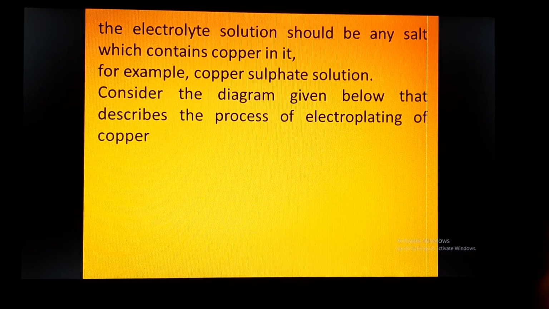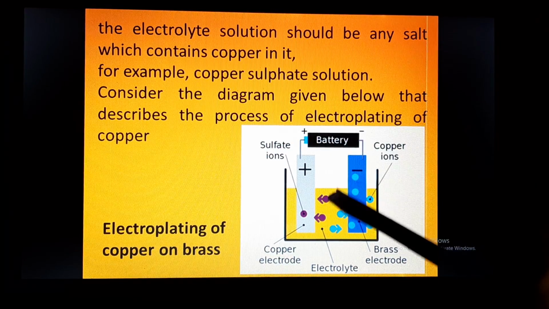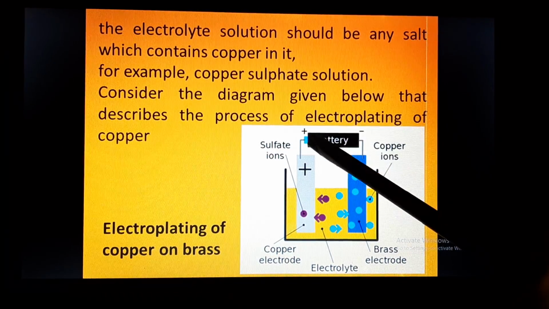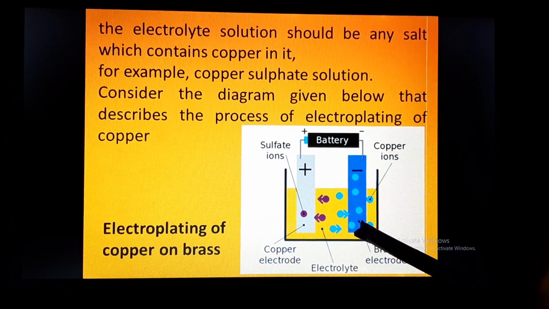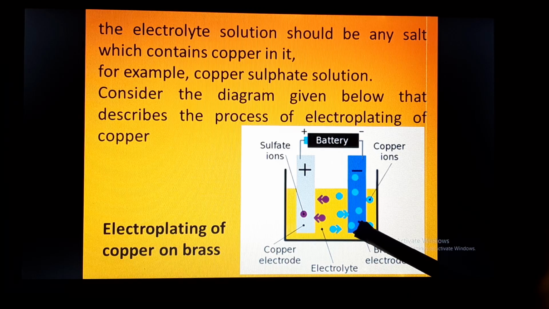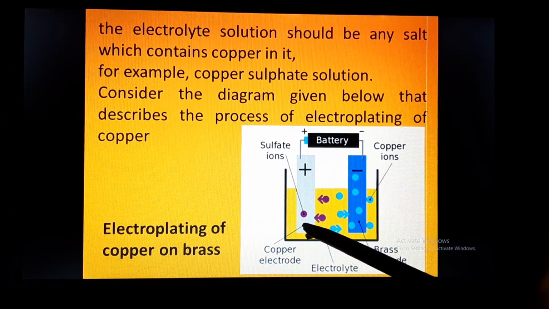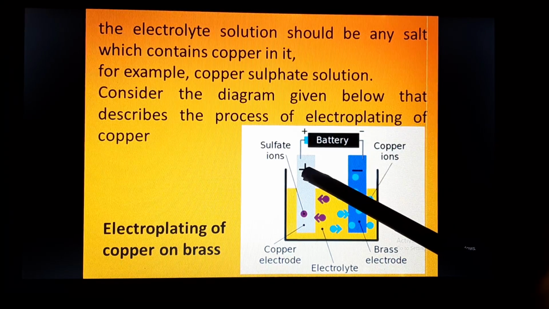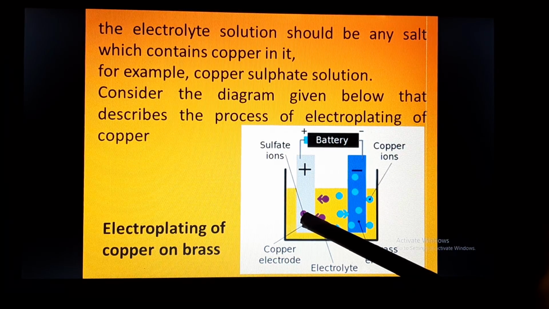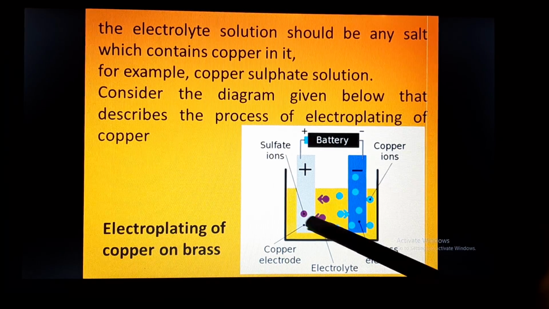Now consider the diagram given below describing the process of electroplating of copper. Here you can see this is the battery, the positive terminal connected to the positive electrode, which is the anode, and the negative terminal to the negative electrode, which is the cathode. Now what is happening? Copper is required to be deposited on brass. So one electrode is of copper and the electrolyte is also copper, that is copper sulfate.